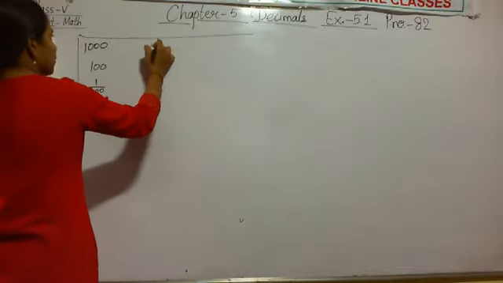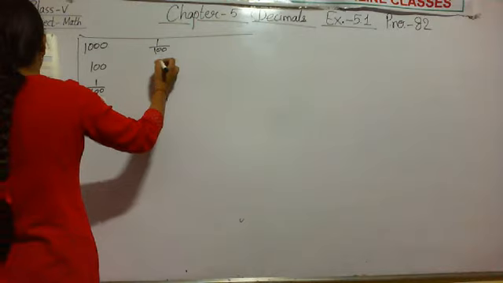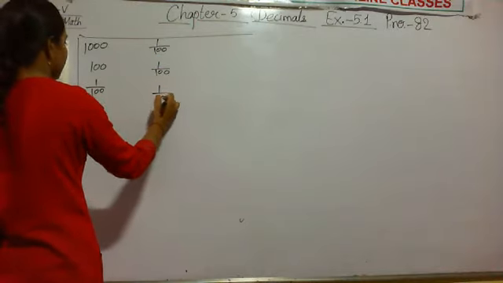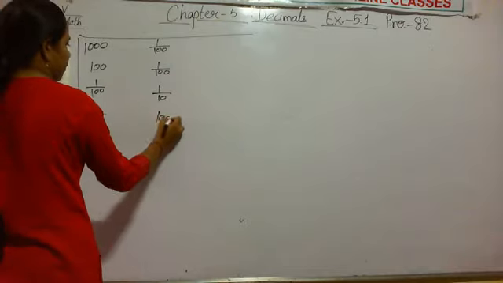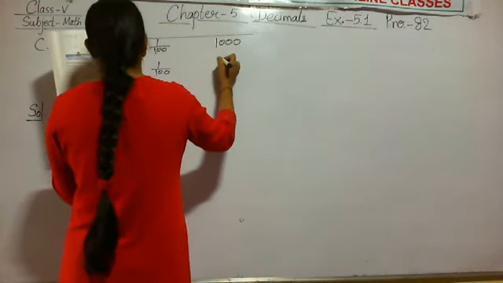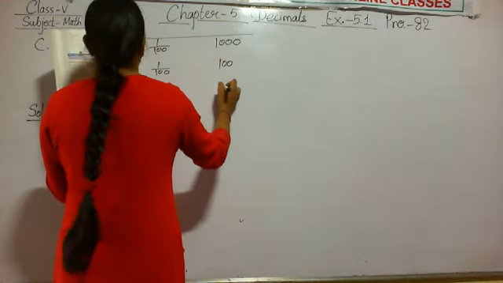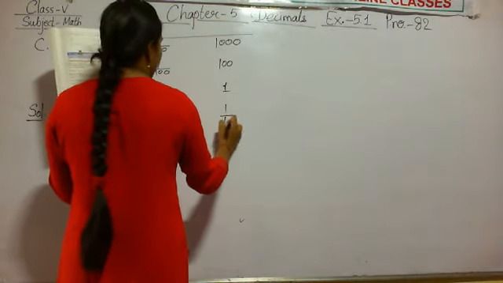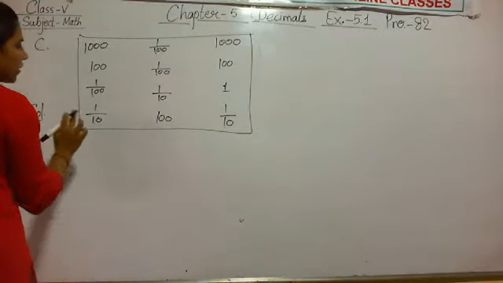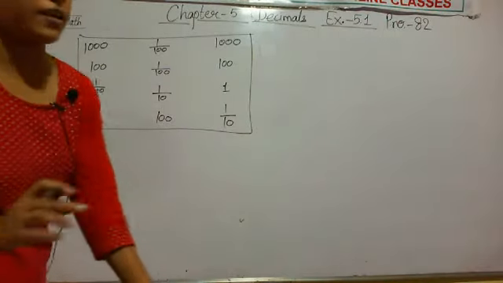In the second column the numbers given are 1 upon 10, 1 upon 100, 1 upon 100, 1 upon 10 and 100. In the third column the given numbers are 1000, 100, 1 and 1 upon 10. And you want to find out the number and its number name.